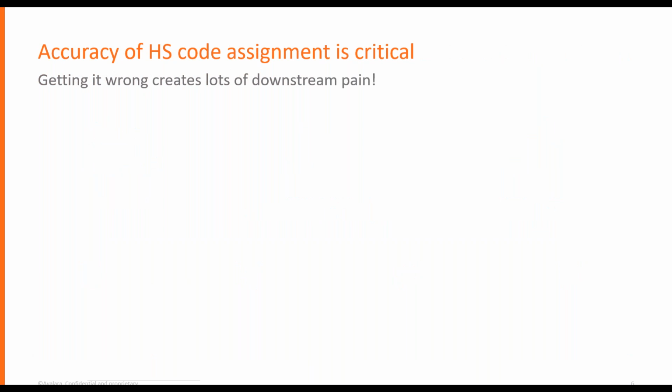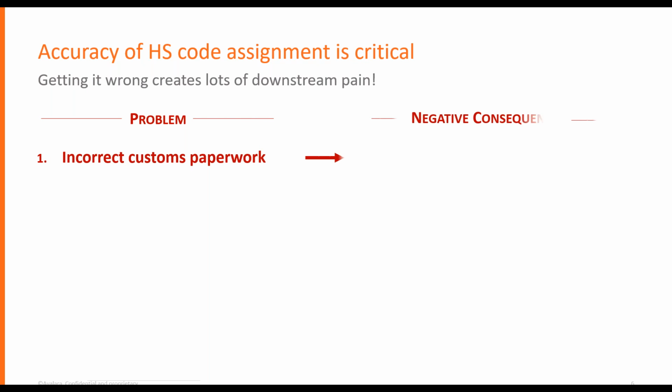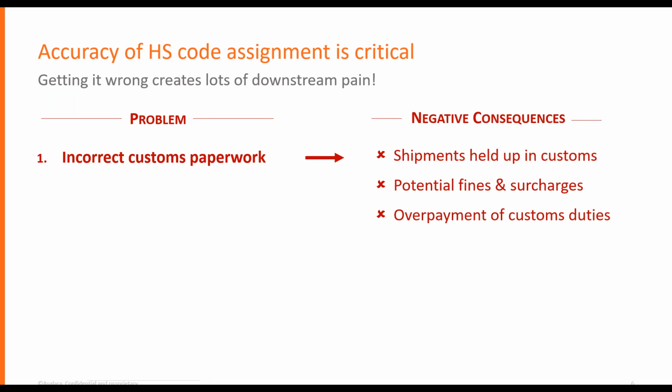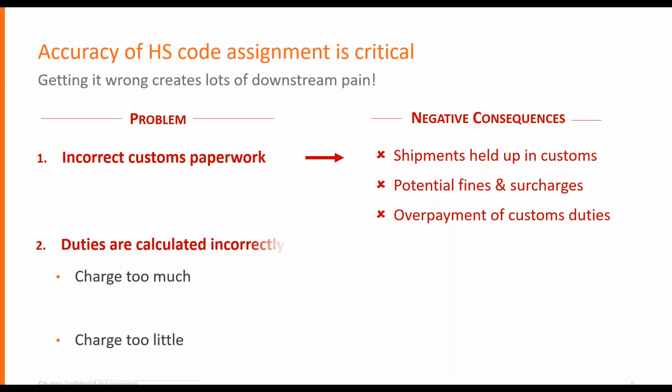This is just a little bit more detail around how these can affect, again, your time, money, and customers. If it's incorrect on the paperwork, everything can be held up, and that can create a headache for both you and your customer.